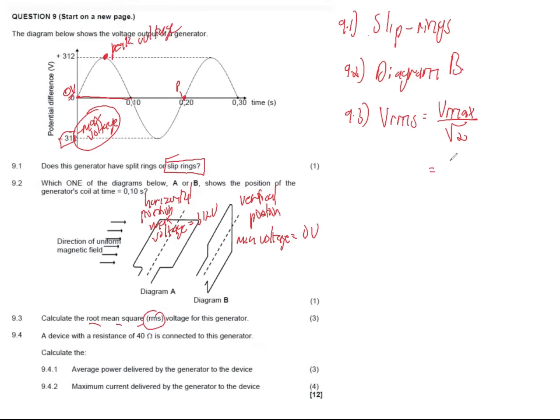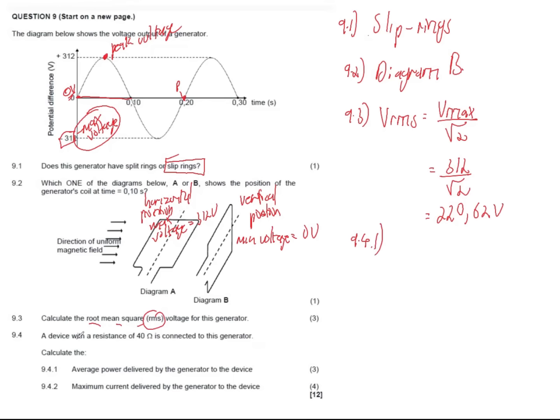So this is 312 over root 2. So in your calculator, you just quickly punch that: 312 divided by root 2. And then this is going to give you 220.62 volts, right?